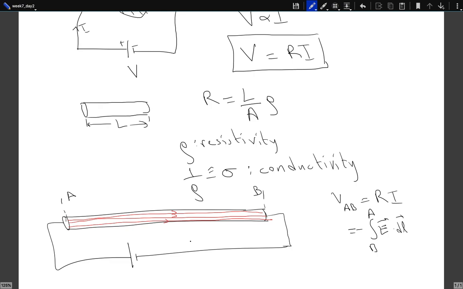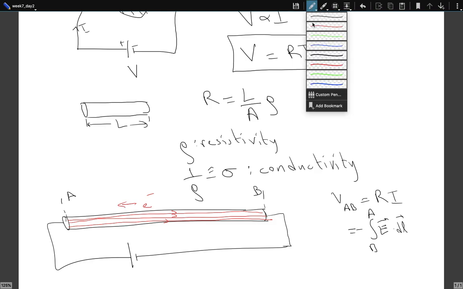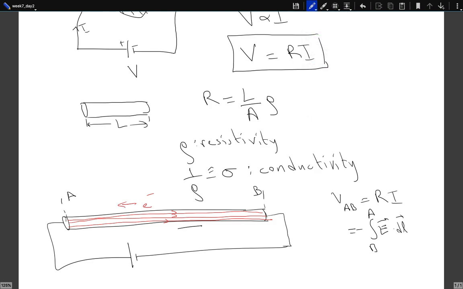Now, this electric field will push the electrons. Well, it will also push the nuclei, but the nuclei are at rest. It's the electrons in a metal, at least, that will be moving. Since there is an electric field, it will exert a force on the electrons, which are free to move, and hence create the current. So the electrons will be running in this direction, whereas we call the current to be in the opposite direction.